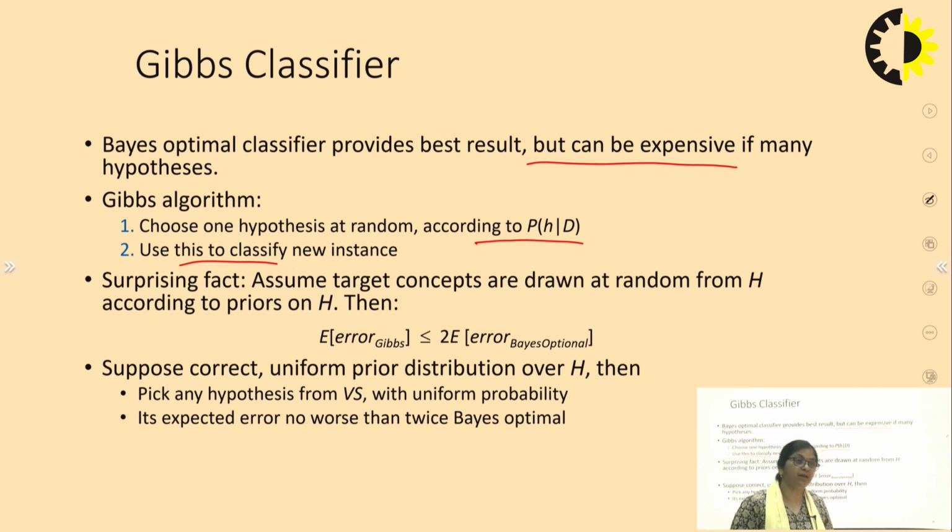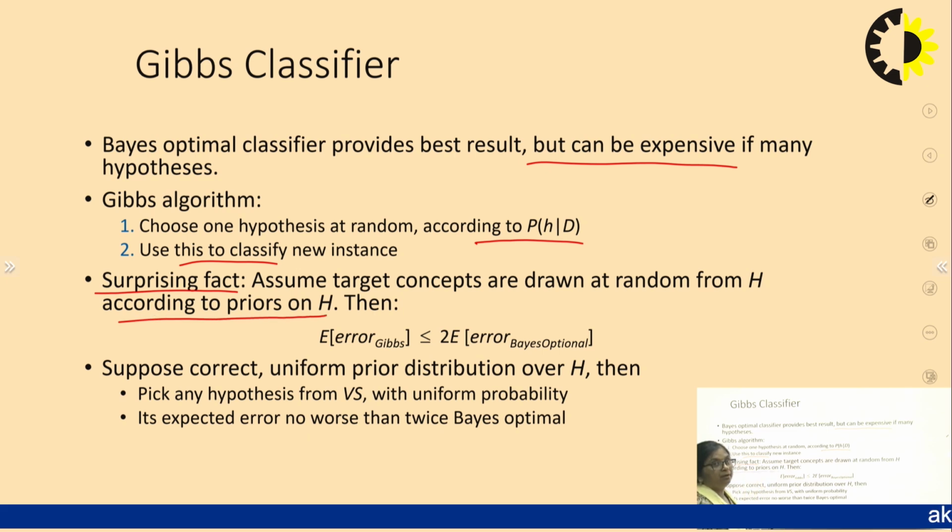So, this is one of the other methods which are used. And why do we consider it? That is the surprising fact that we have. Assume target concepts are drawn at random from H according to priors. If we select any hypothesis randomly from the hypothesis space and we know only the prior probabilities, then what is the random selection power?